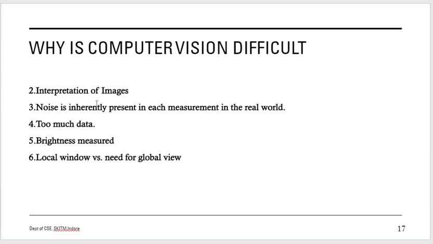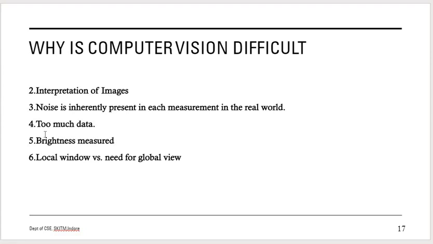Second is the interpretation of the image, how we are interpreting the image. The third difficulty is that noise is inherently present in each measurement in the real world. With noise, some distortion of the image is there, so we will try to minimize this type of error from the image also.